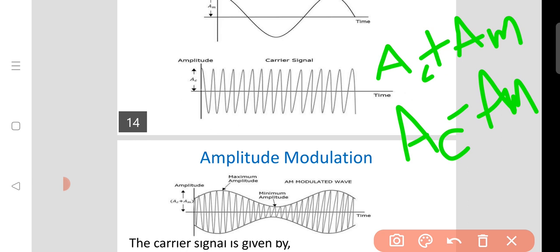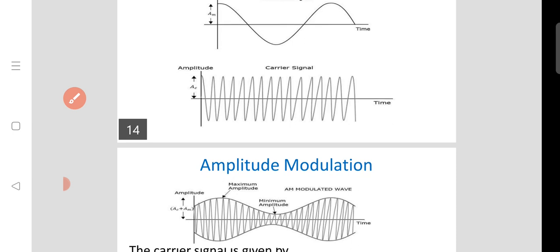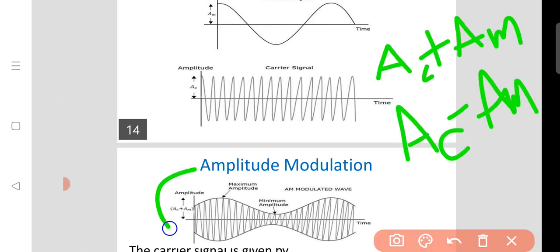So the difference between the carrier amplitude and the message amplitude, sometimes the amplitude is more than the carrier amplitude of the carrier signal. In this scenario, two possibilities occur: AC plus AM and AC minus AM.